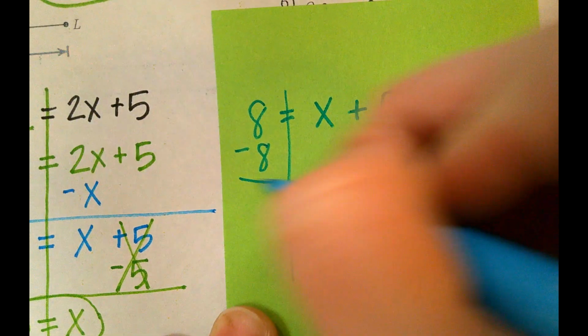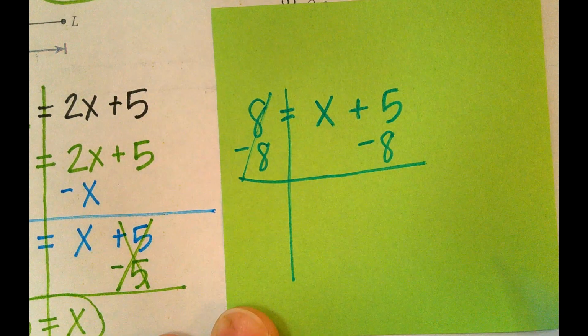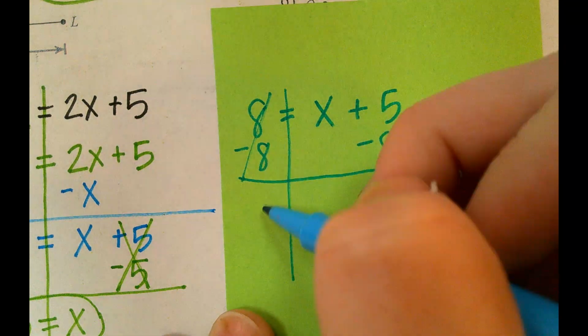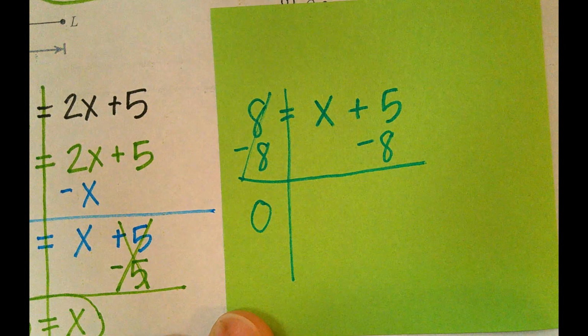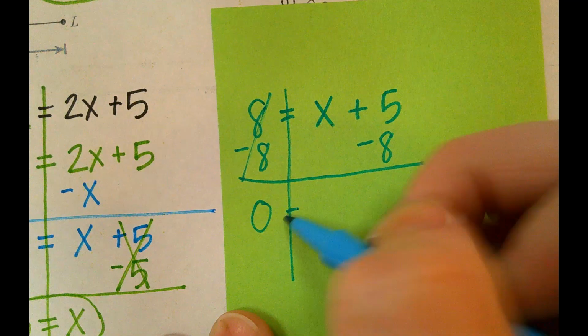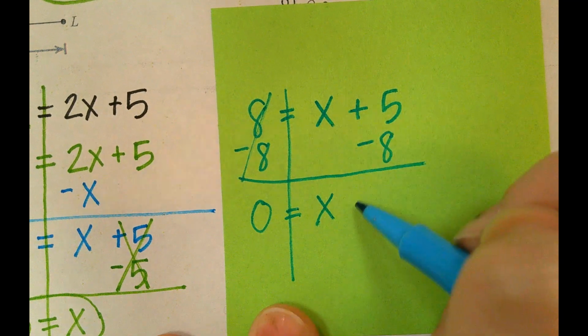Minus 8. That cancels my 8s, and I get 8 minus 8 is 0 equals x minus 3.